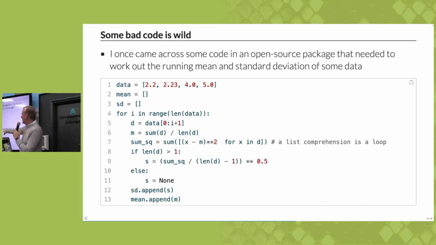So you might work this out a slightly different way by just using a standard deviation function, but if you break it down, if you look at how these things are implemented, this is how it's implemented, right?